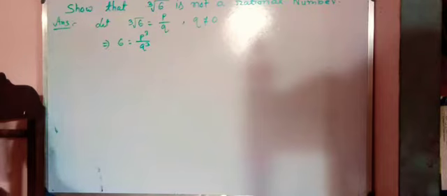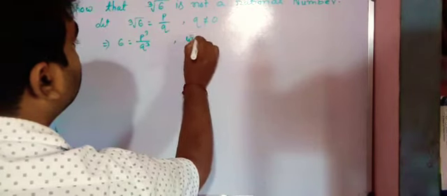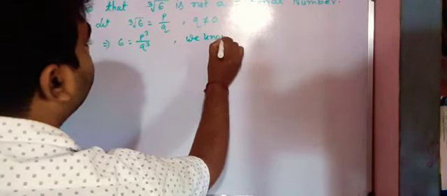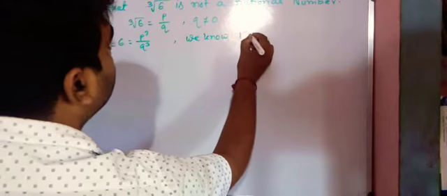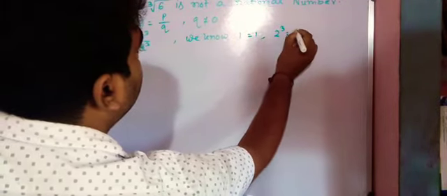Now we know that 1 cube equal to 1 and 2 cube equal to 8.